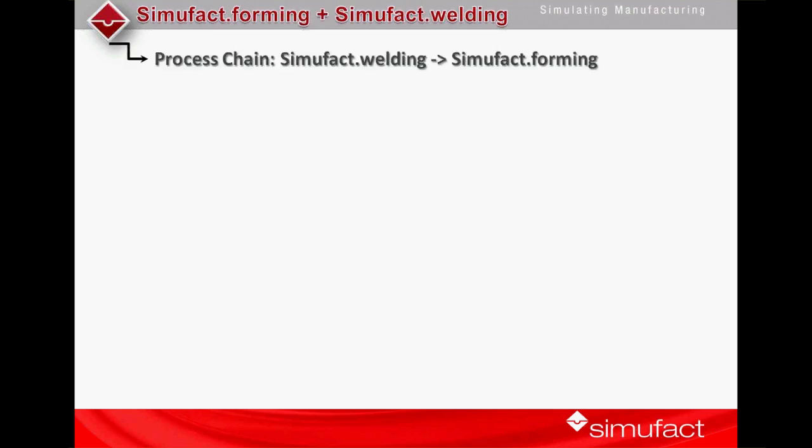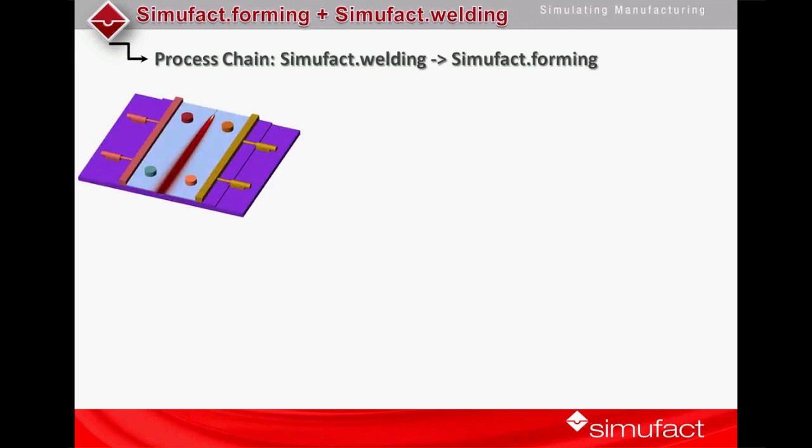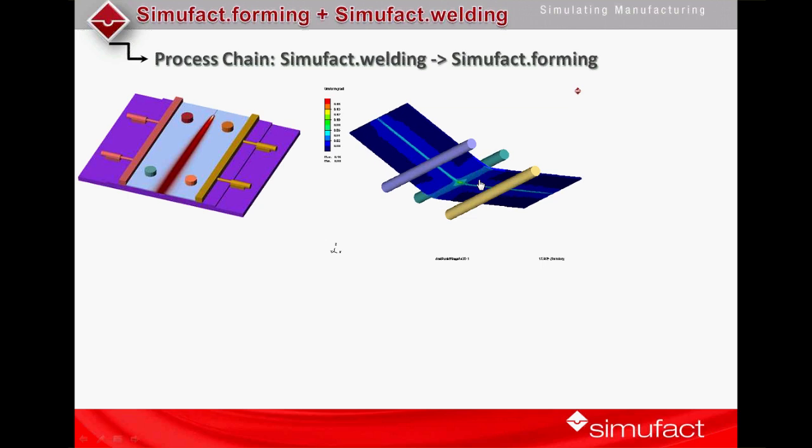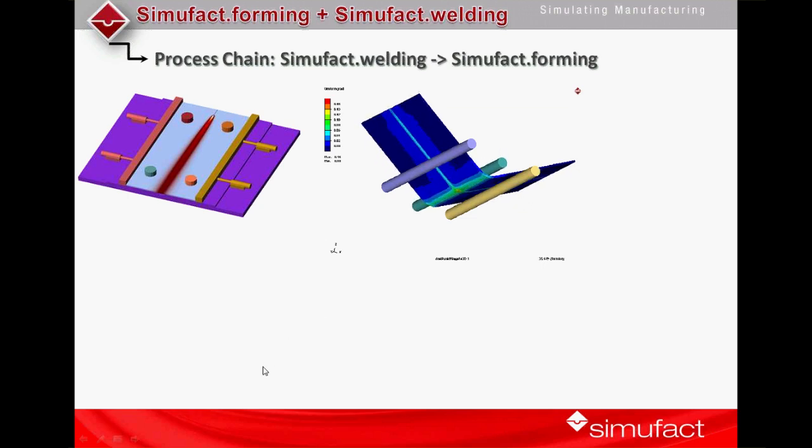The next example expands a little bit on this combination of welding and forming. So you can actually chain the simulation done in the welding software with simulations in the forming software. And here we have another laser welding example. We can take the result and then put it in the forming software and do post-welding operations.